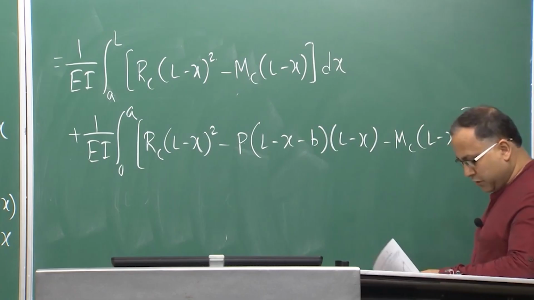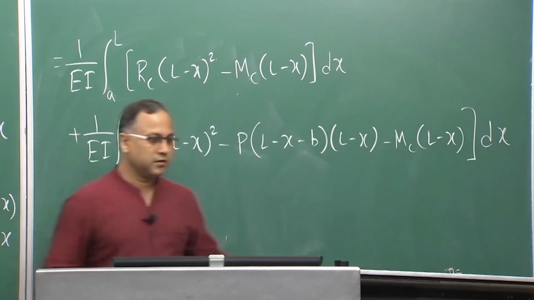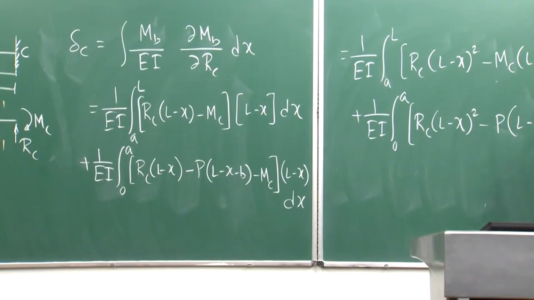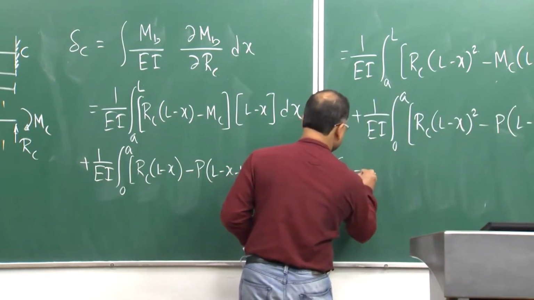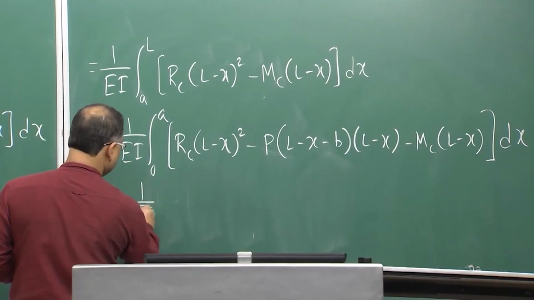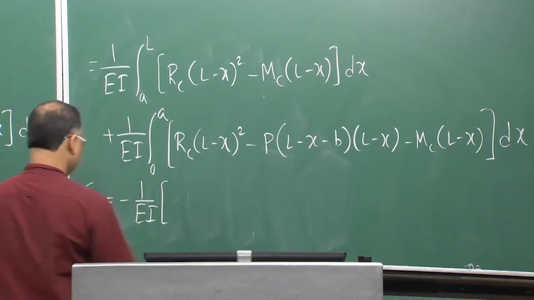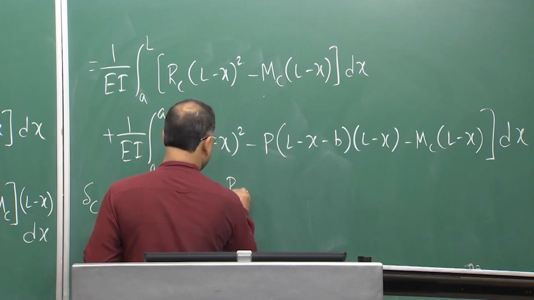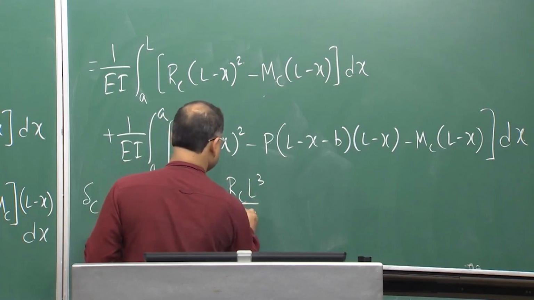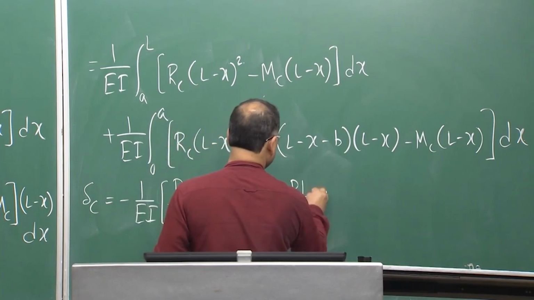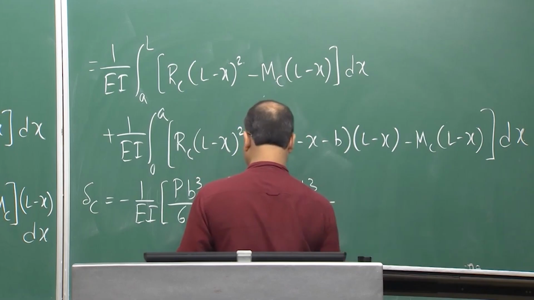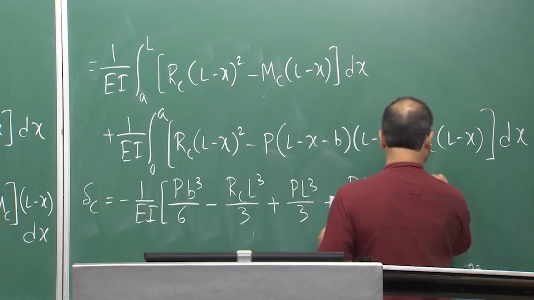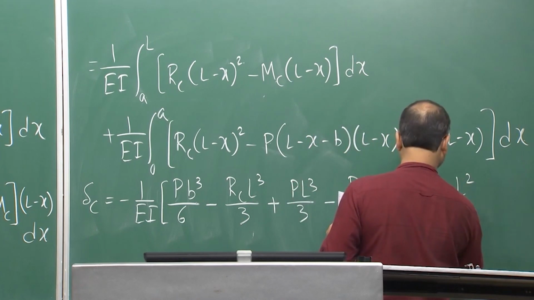Now, you do the integration. If you do this integration, you will get delta C equal to minus 1 by EI of P b cube by 6 minus RC L cube by 3 plus P L cube by 3 minus P b L square by 2 plus MC L square by 2.